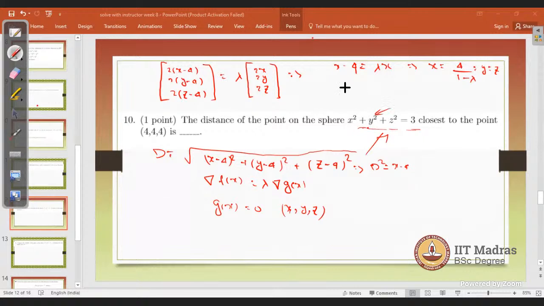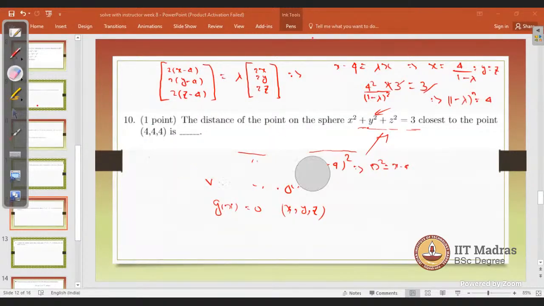What we'll get here is 4 square upon (1 minus lambda) whole square, and since all the values are the same, it is equal to 3. Yeah, we can cancel this 3. So we are getting (1 minus lambda) square equals 4.